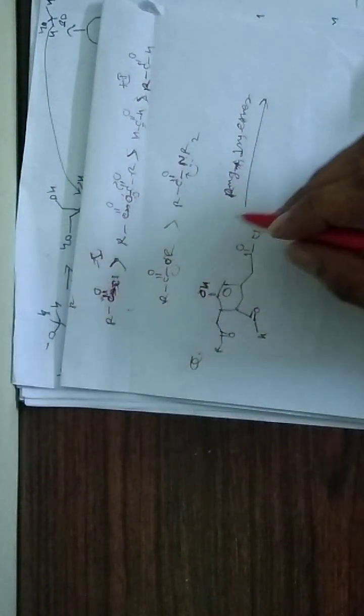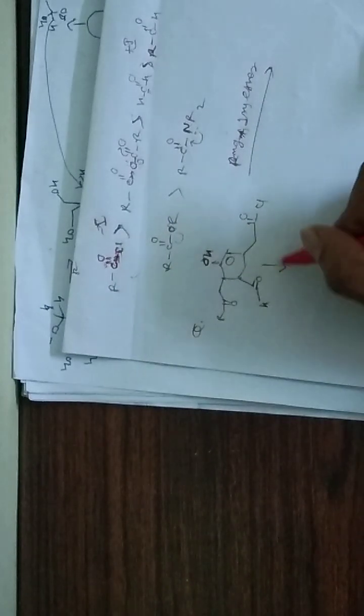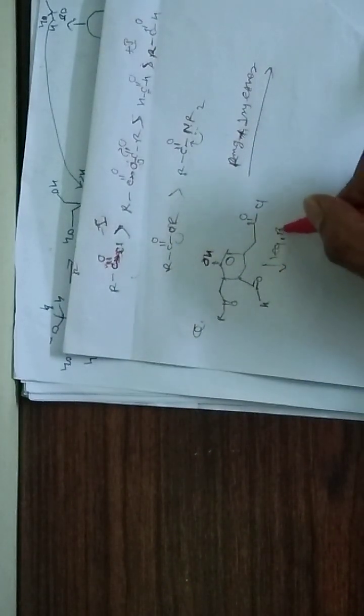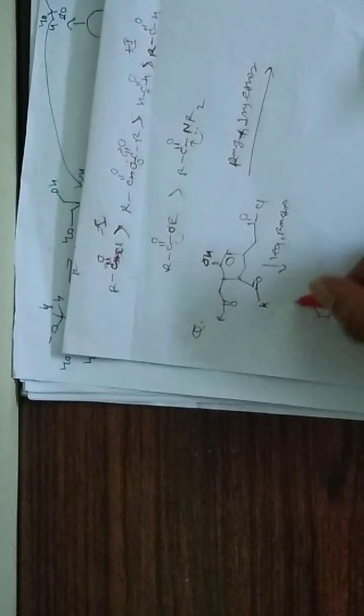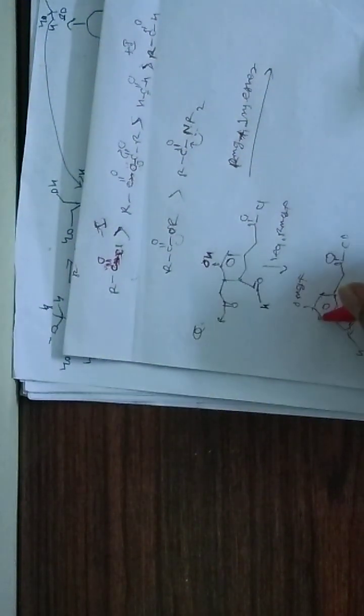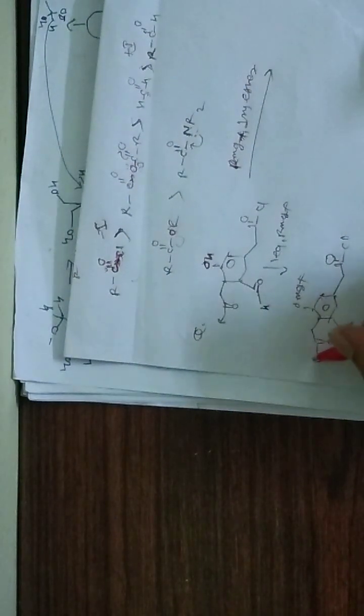So if I use one equivalent of RMgX, what will form? The product formed is OMgX, and the other groups will remain the same. This will form, and the other byproduct is RH.